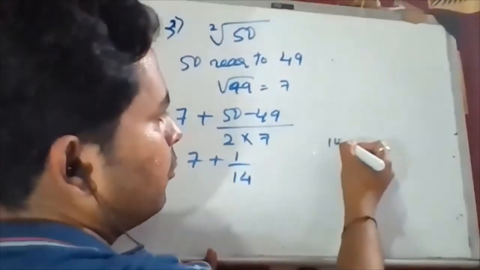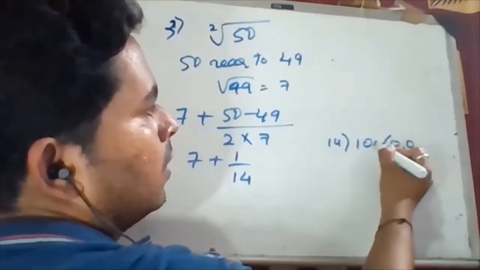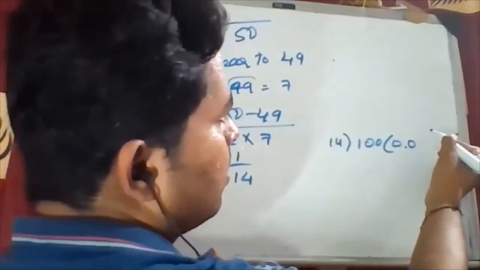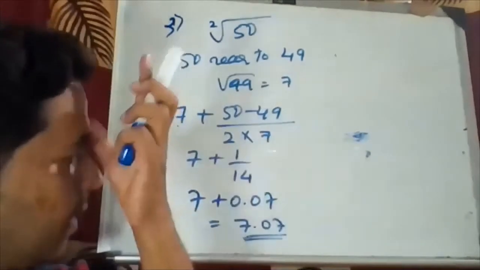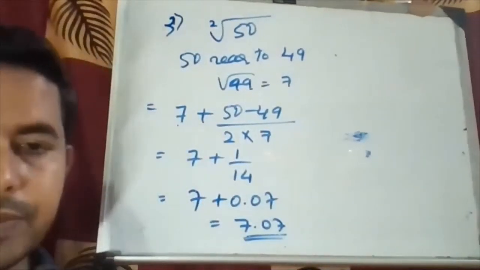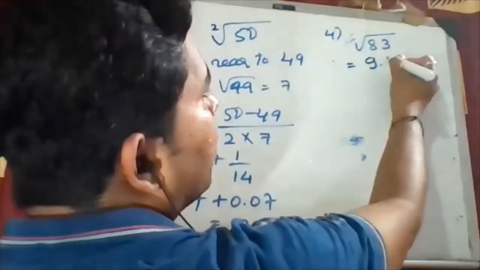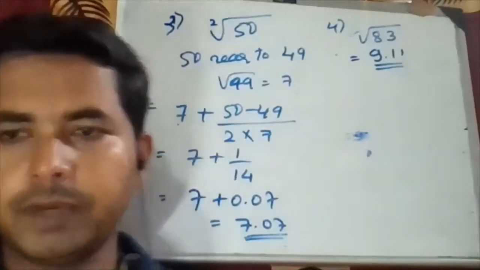So just find out 14 का वैल्यू क्या आता है. So what will be your answer? 7.07. Now the answer for this will be 9.11. Okay, 9.1 or 9.11 you will get.